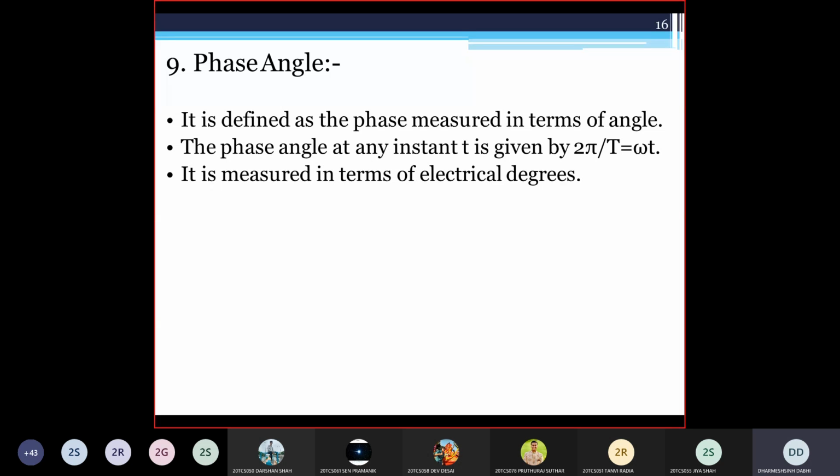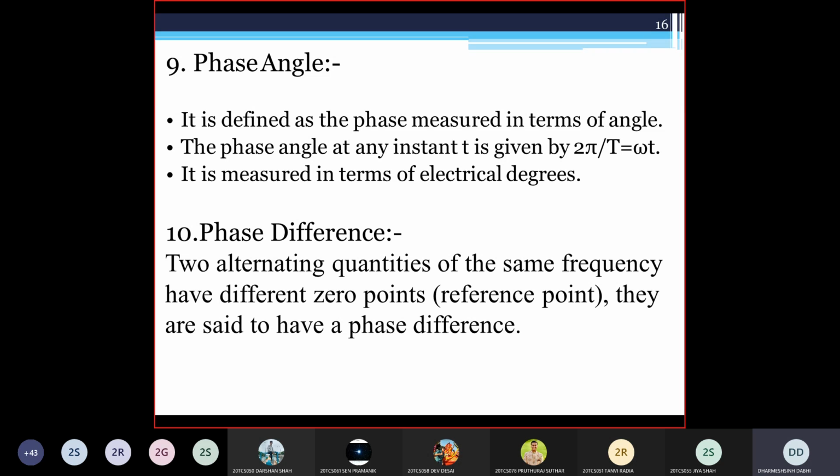Pi by 2, 90 degrees. So the phase angle at any instant of time is called the phase angle. It is generally denoted by 2 pi by t. If you know the time period, you can find the value of this angle. Clear? And it is measured in electrical degrees, not mechanical degrees. Electrical degrees and mechanical degrees are different. Clear?